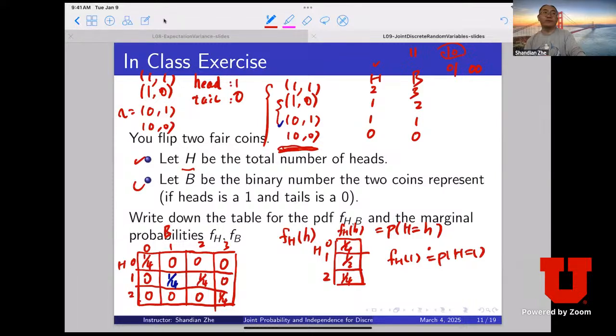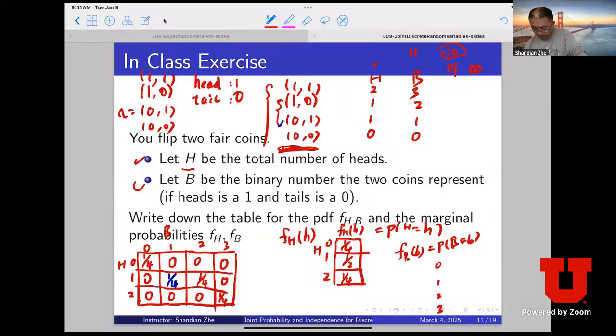Any questions so far? Okay, so let us also take a look at the PDF for B. B has 4 possible values: 0, 1, 2, 3.